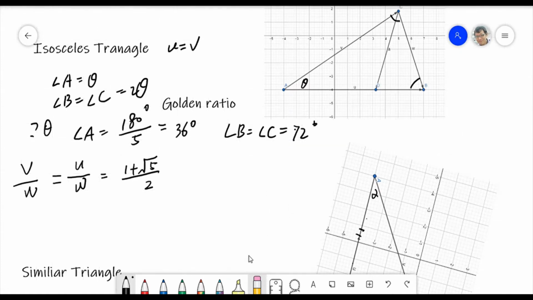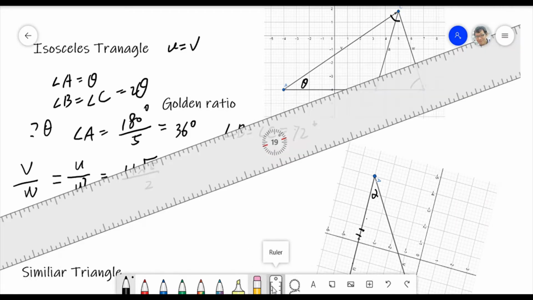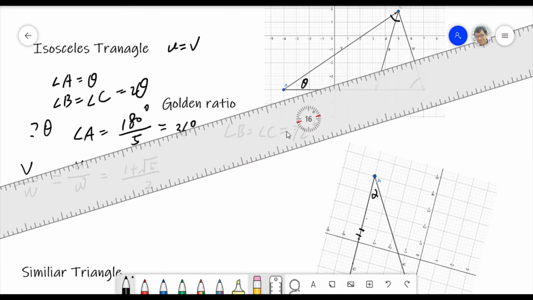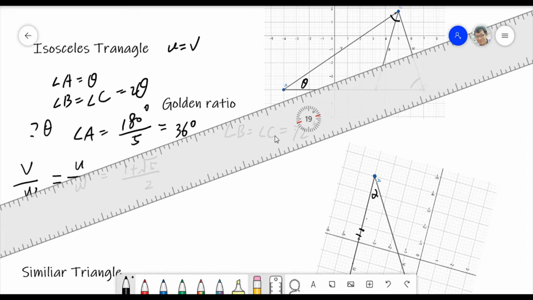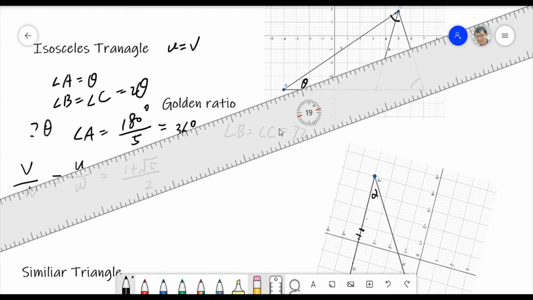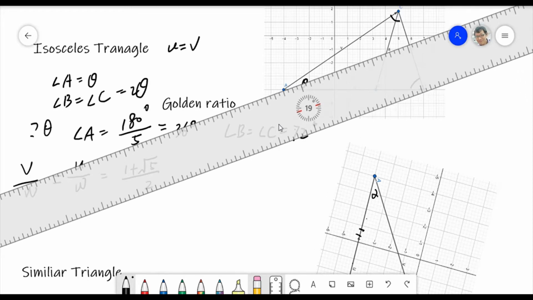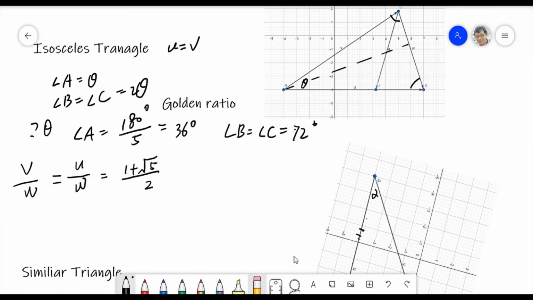Okay, so from the point A, I will draw a line passing to the base side.